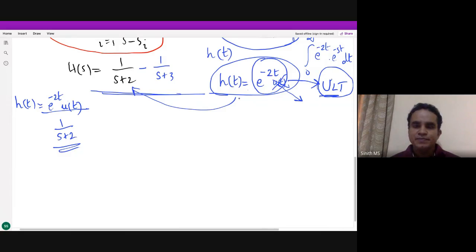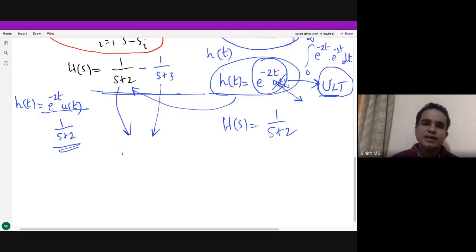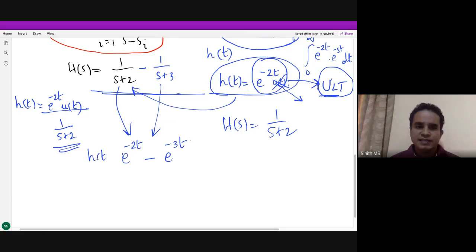So now you have h(t) equal to e raised to minus 2t minus e raised to minus 3t, with H(s) equal to 1 by s plus 2 minus 1 by s plus 3. So this is h(t).